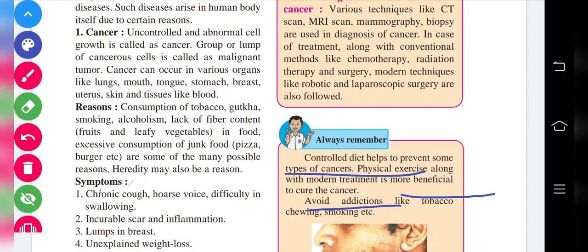So don't eat burgers and pizza excessively. Occasionally it's okay, but not regularly.